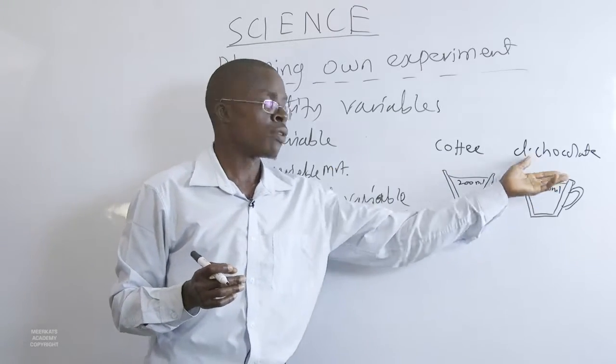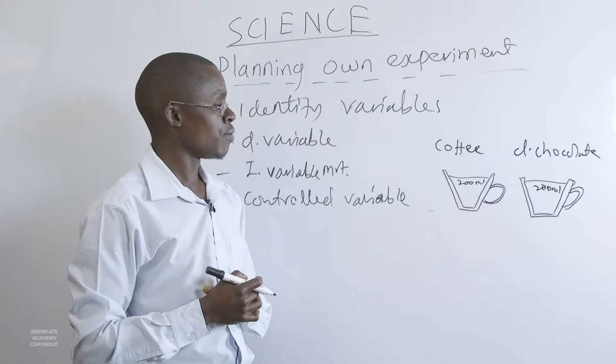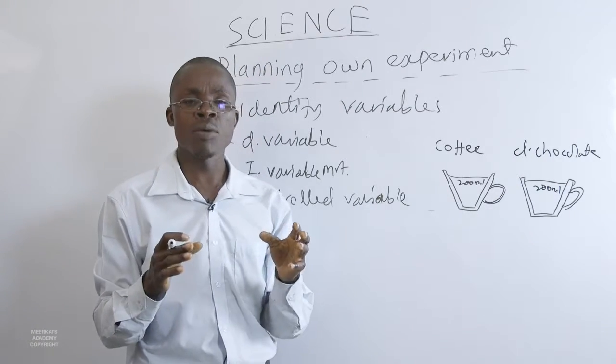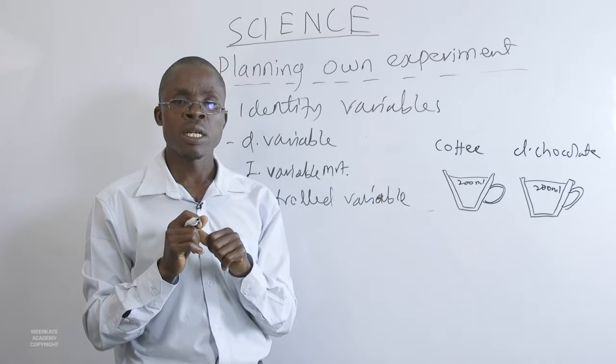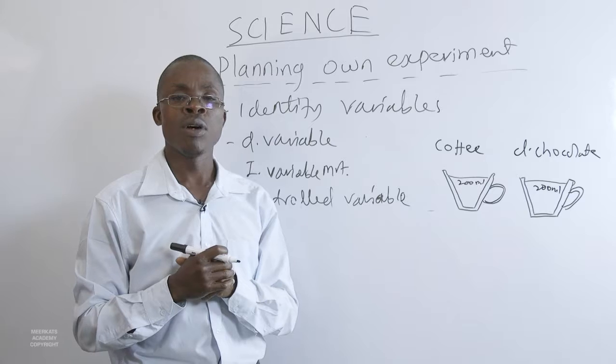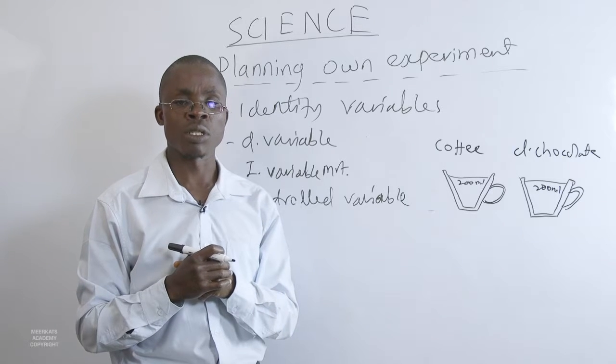At least at this point, now I can comfortably get the temperature variation of coffee from 90 to 80, of drinking chocolate from 90 to 80, then be able to analyze my results, then have a realistic conclusion.